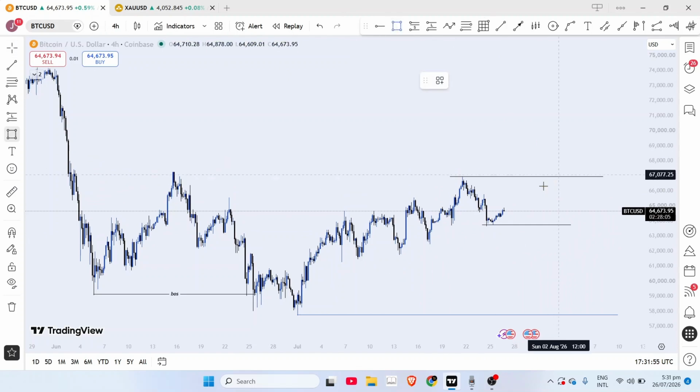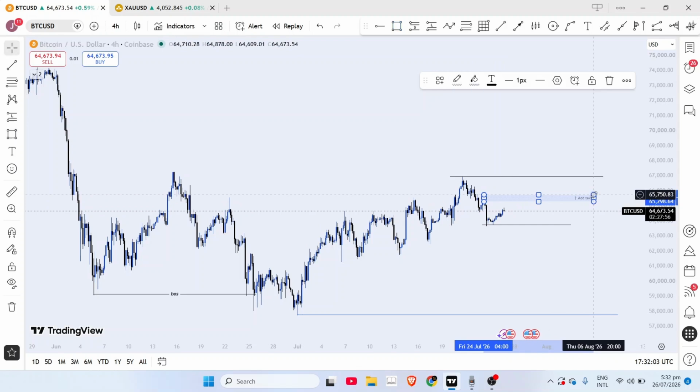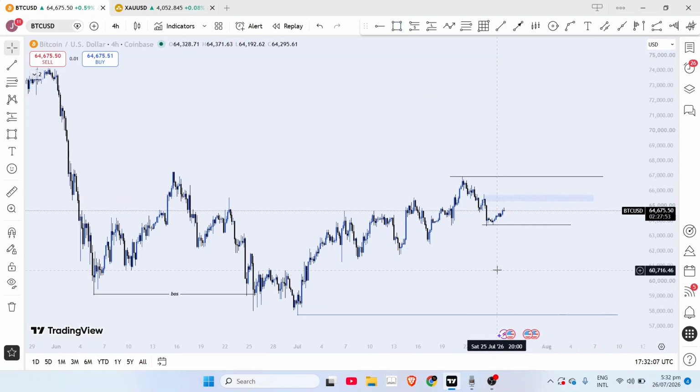So one point of interest I'll be considering is this zone right here. This zone right here looks good to me. So in case of a bearish continuation, I'll be looking to take my entry from here.